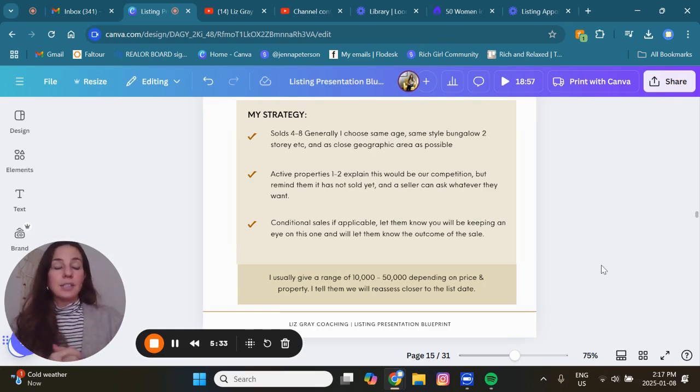The other thing to keep in mind when you're giving a range is to think about when they're going on the market. Let's just say you go see someone right in December and it's super quiet in your market. They don't want to list till the spring. You could just give them a best case scenario number and say, this is where I want to get you.